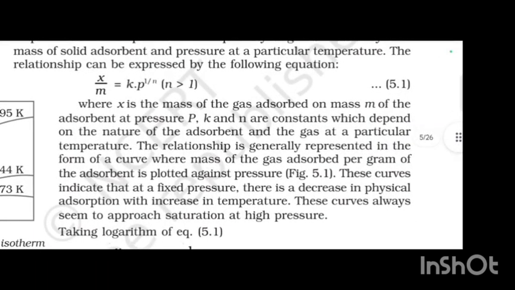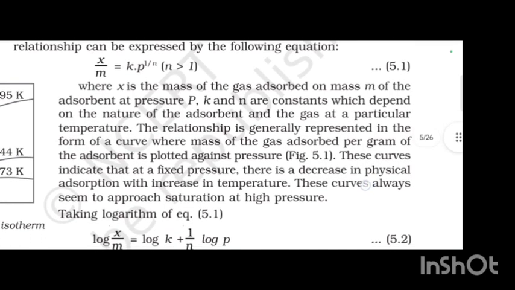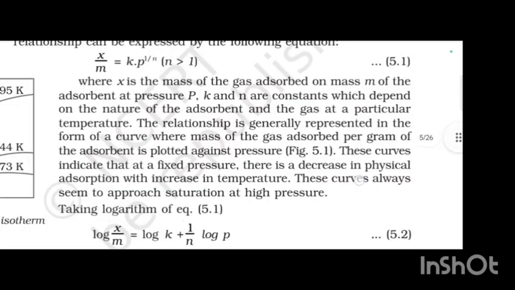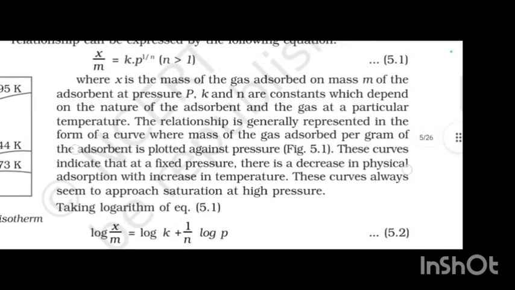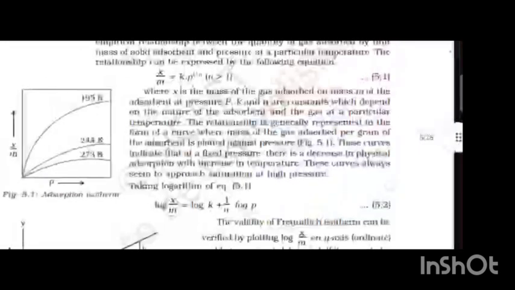x/m = k p^(1/n), where n is greater than 1. Equation 5.1, where x is the mass of the gas adsorbed on mass m of the adsorbent at pressure p. k and n are constants which depend on the nature of adsorbent and the gas at a particular temperature.